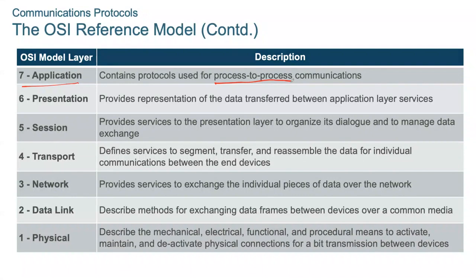That means if the sender is using HTTP, then the receiver must use HTTP. If the client is using FTP, the server also uses FTP. So there is process-to-process communication: whatever task is done at the client side, the same task will be executed at the server side. Directly we can say that process-to-process means there is a virtual connection.